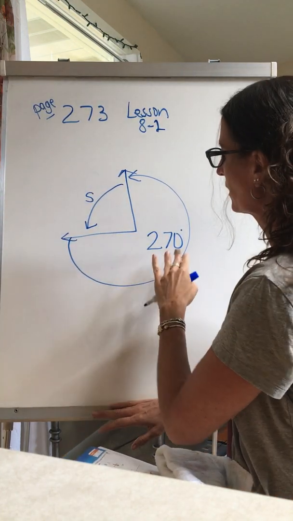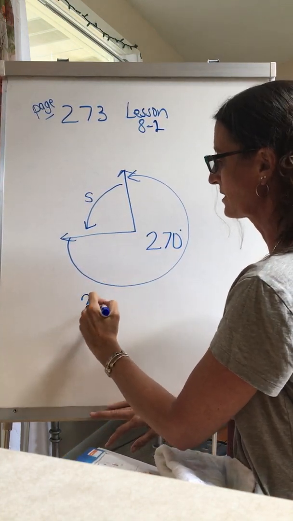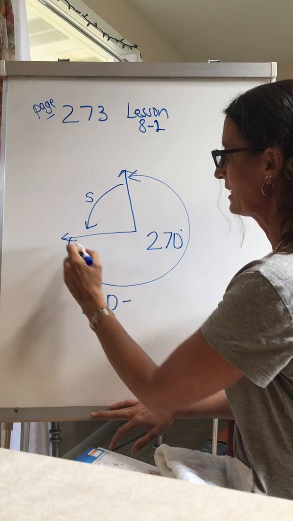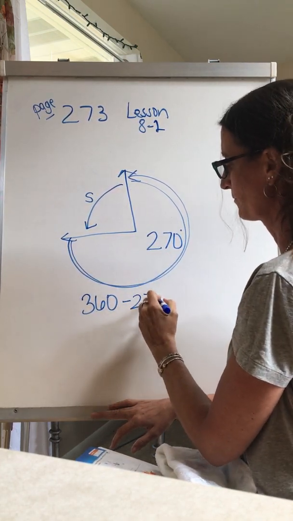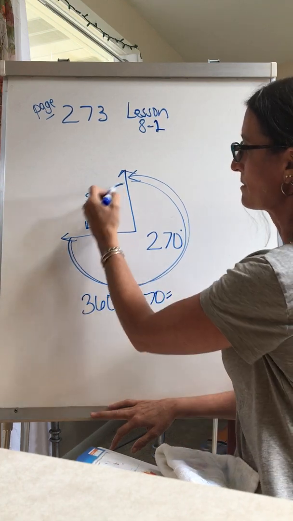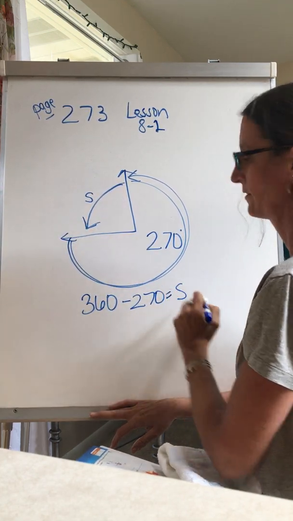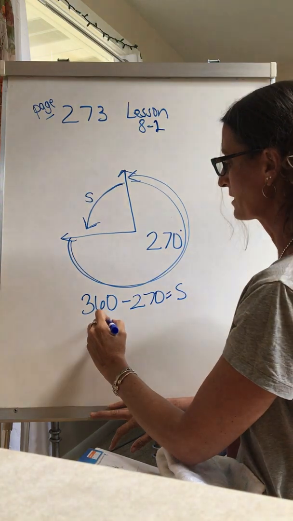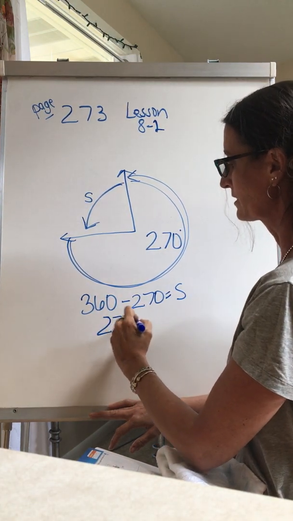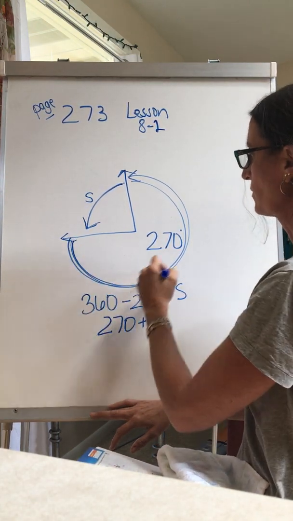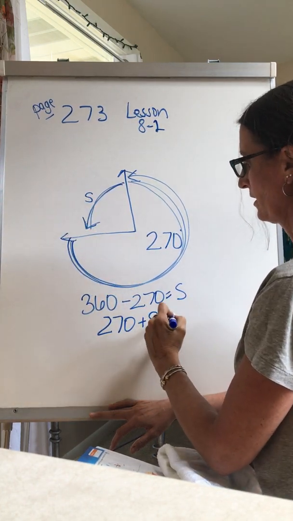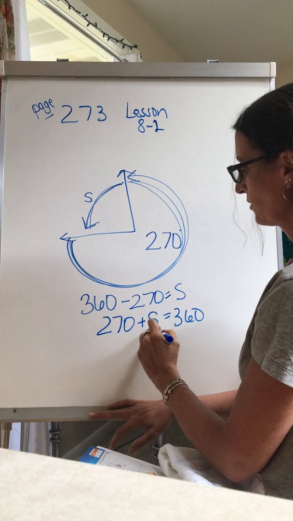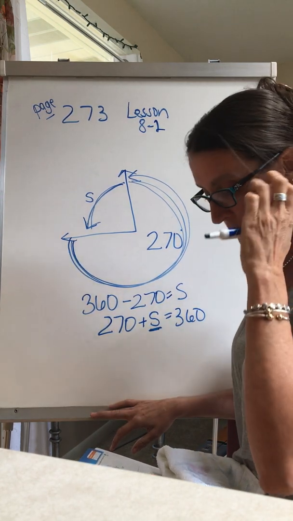Again, we could do it as 360 minus this 270 that we know equals the missing part, S. We could also do it as 270 plus S equals 360. So that is the missing number that we need to solve.